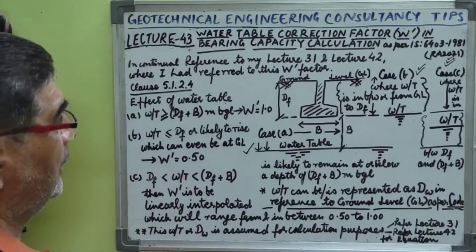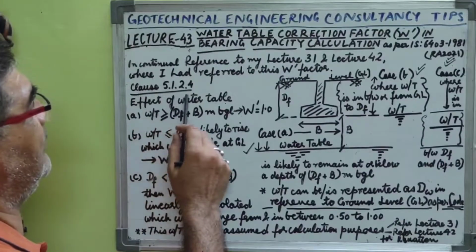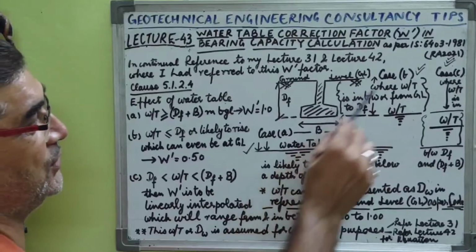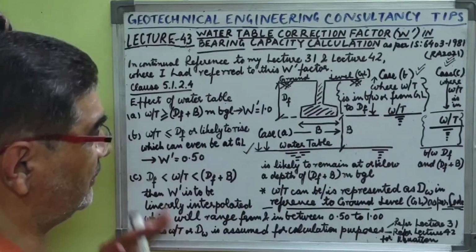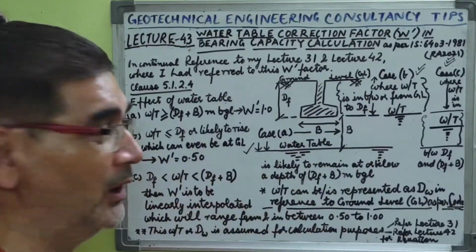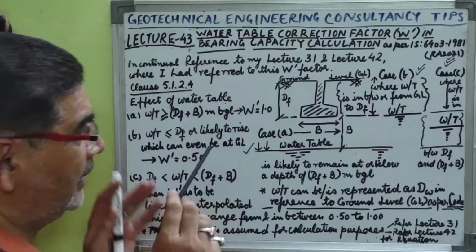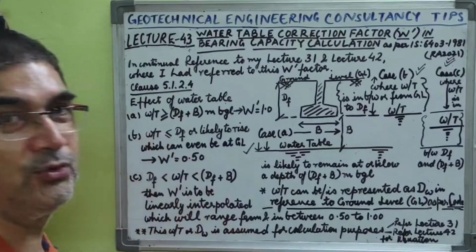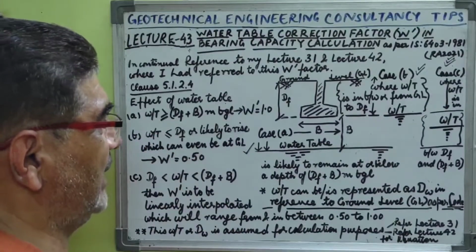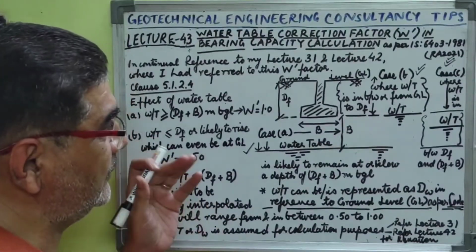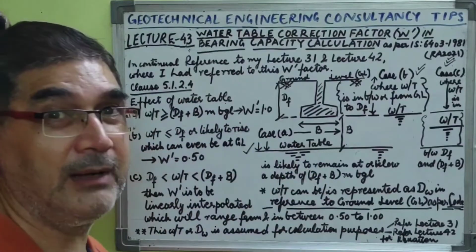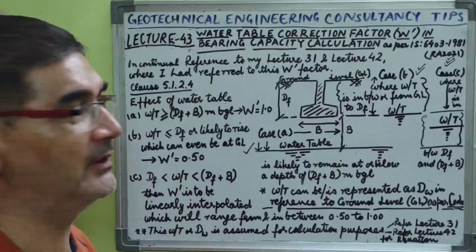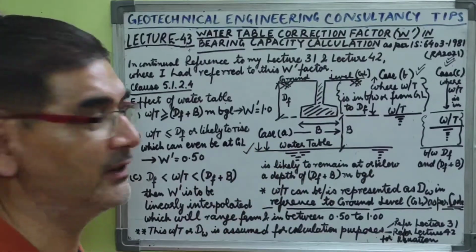Now, as per clause 5.1.2.4 of this Indian Standard Code IS 6403-1981 Reaffirmed 2021, what I wish to explain is that when we do detailed investigation at the site, we note down the first groundwater table level present at the site in the borehole.